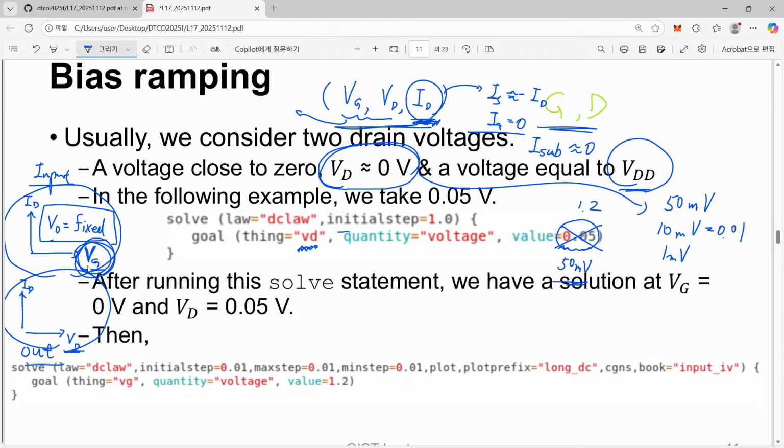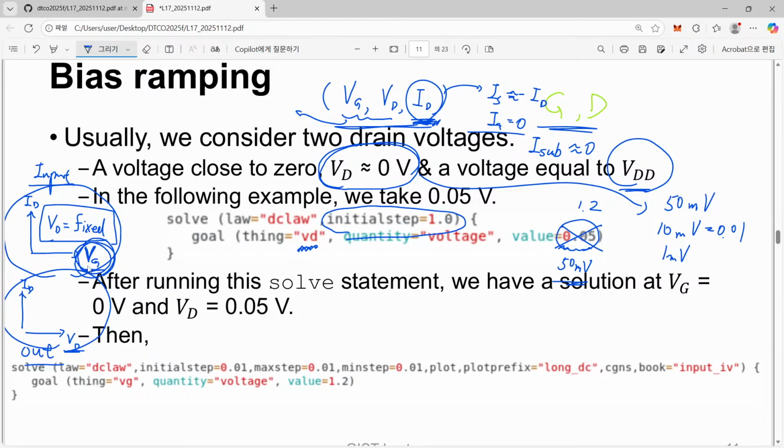Because in this case, you just set initial step equal to 1.0. It means that it just directly tries to solve your target value. Then can you guarantee that your simulation from 0 to 1.2 gives you the correct successful result?